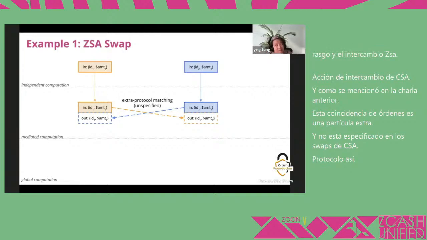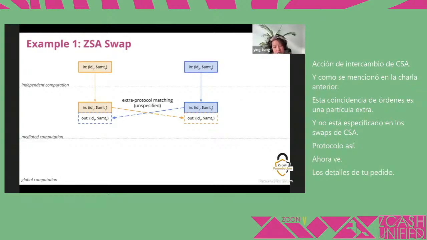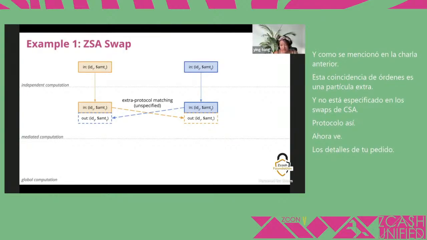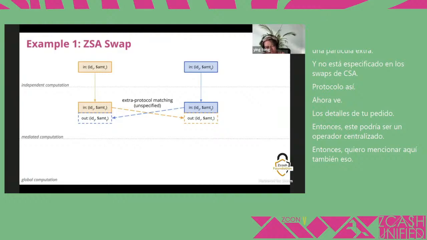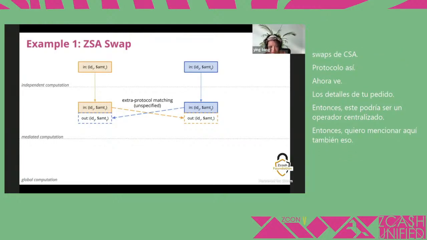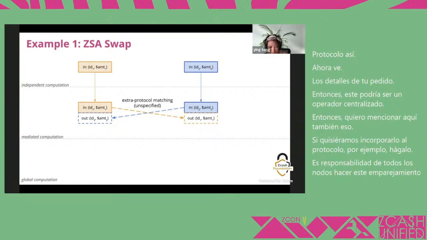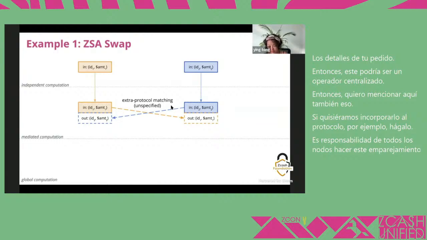Now, as mentioned previously, whoever's doing the matching must see the details of your order. So this could be a centralized operator. I want to mention here also that if we wanted to bake it into the protocol, for example, make it the responsibility of all the nodes to do this matching, then we would be revealing this order information at the protocol level.